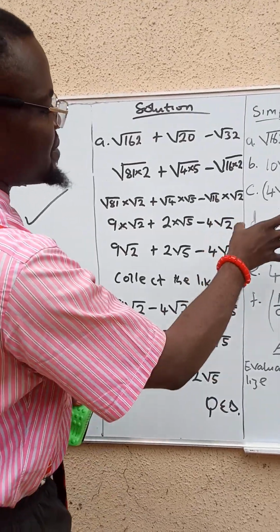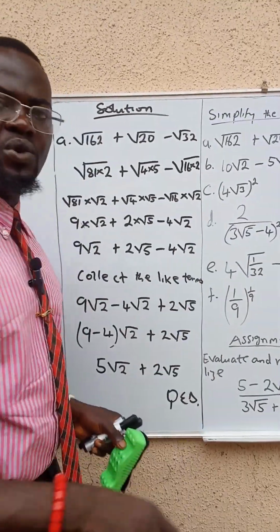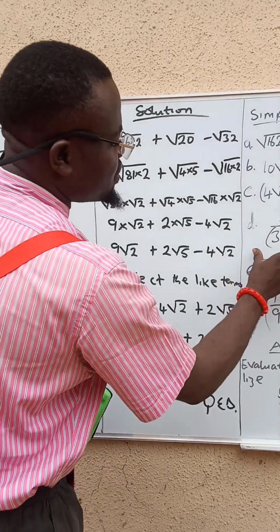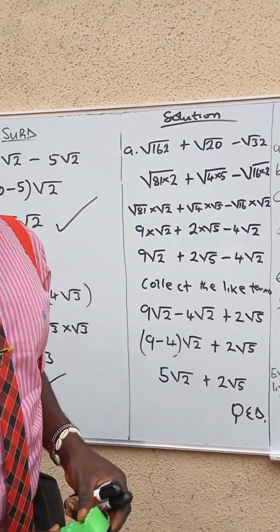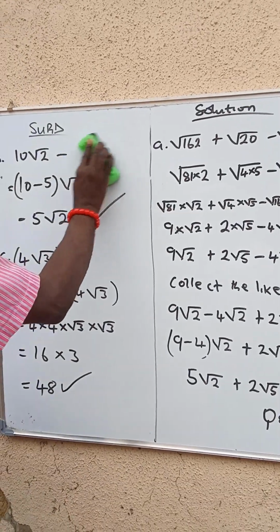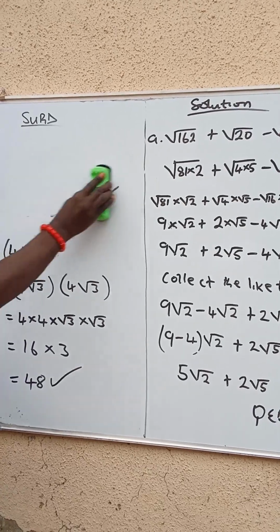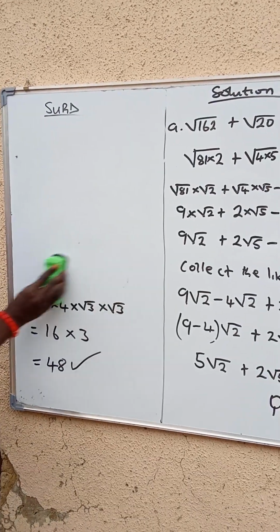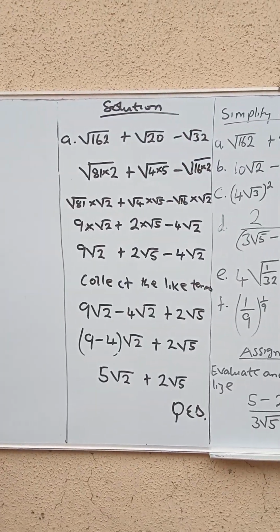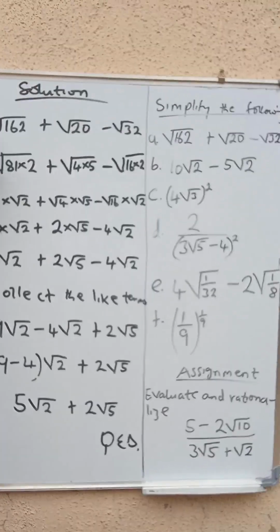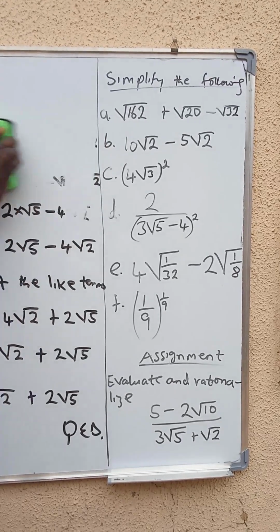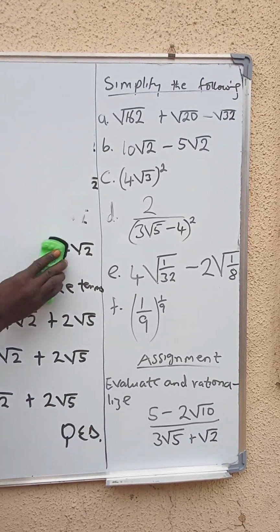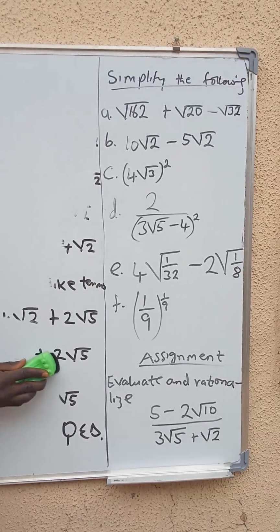I personally brought them out so that I can use them to explain. In this place, after we are done with this, we'll check the conjugate and know what to arrive at. Surd is a very good and interesting topic. It helps us in modern technology.